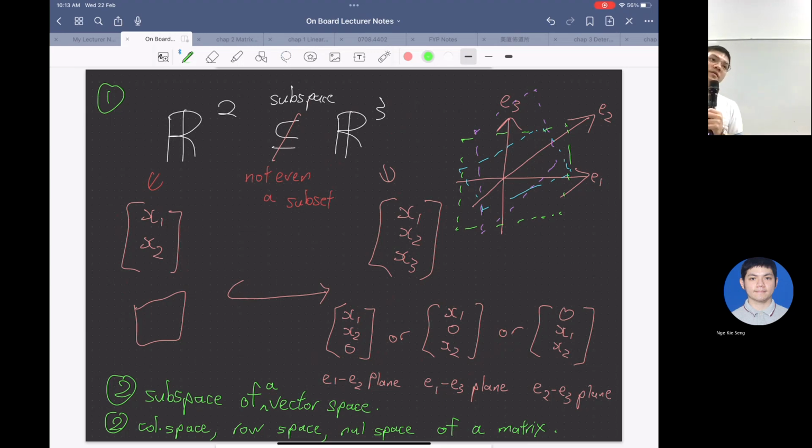When we talk about the column space of a matrix, we take the column vectors. The row space of a matrix, we take linear combinations of the row vectors. The null space of a matrix, because we multiply elements in the null space by the matrix and we get 0.